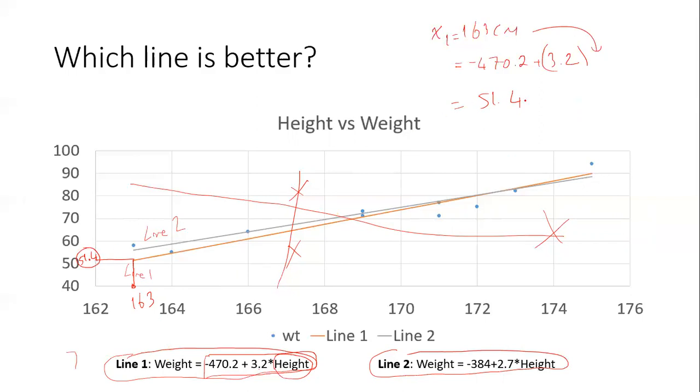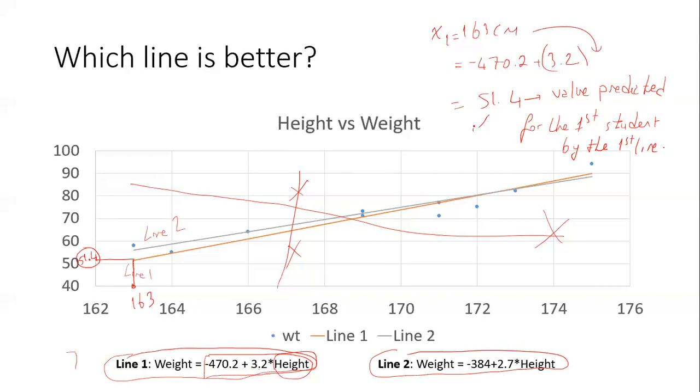What is this? This is the value predicted for the first student by the first line, which is the orange line.